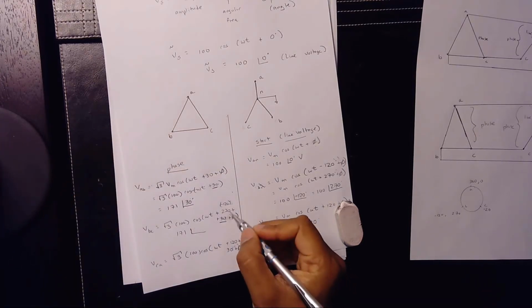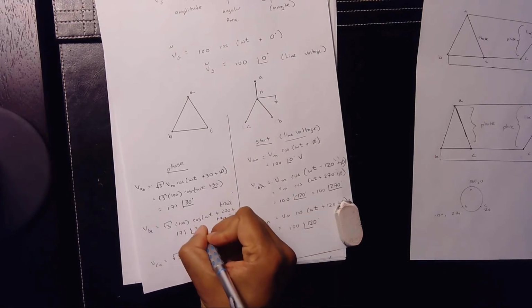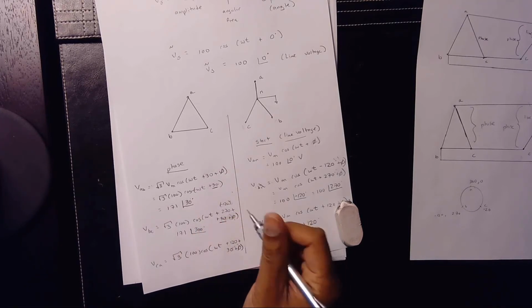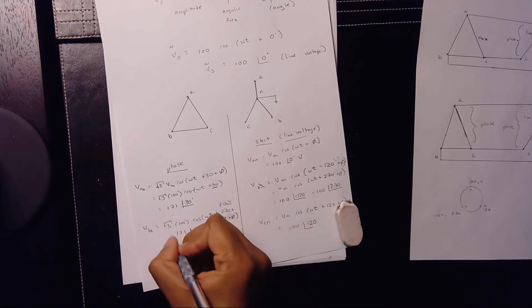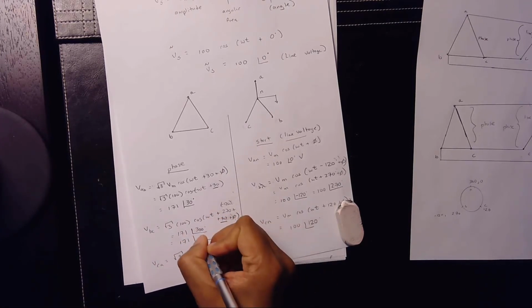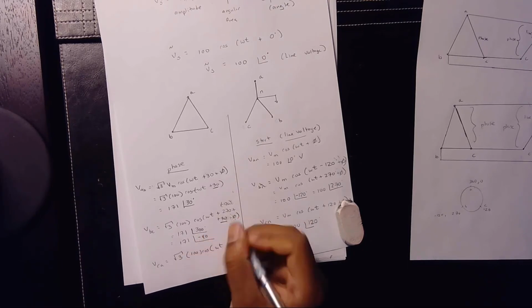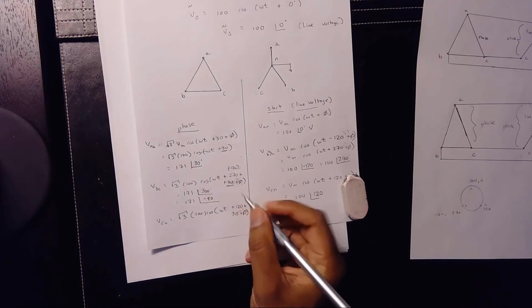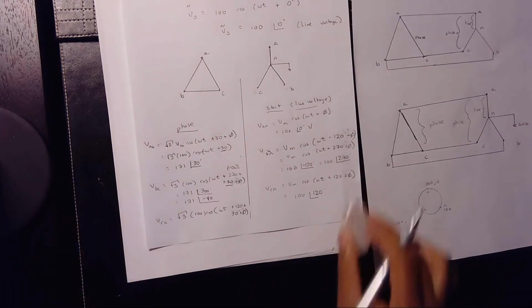So if I had 300 times 0, this would obviously be 300. So we can say this is at 300 degrees. Or it could be 171 at minus 90 degrees. Either answer is correct. If you don't understand it, go back to the circle.